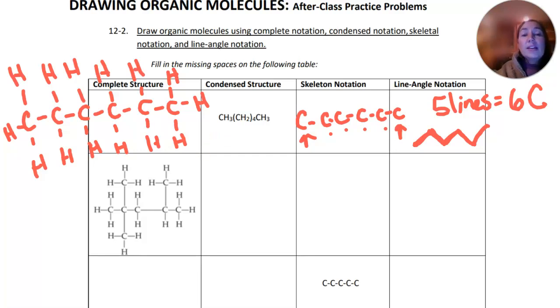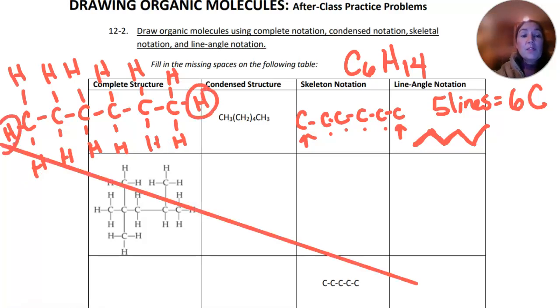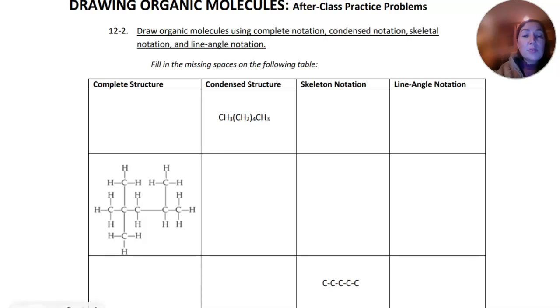Okay, so if I had C6 for this one, I had to have H2n plus 2, or 14. So my 6 carbons each have 1 hydrogen going up, 1 hydrogen going down, that's 12. And then here's my 13th and 14th hydrogen, 1 on each end. Ooh, got a line there. I have to erase that to do my next one.